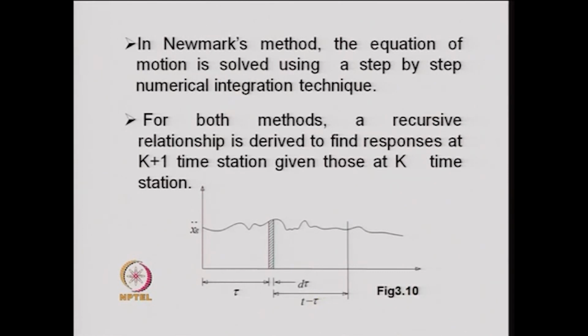Now, all of you know that producing an impulse on a single degree of freedom system is equivalent to imparting a velocity to the system. So, we can conceive the problem as a damped free oscillation with an initial condition of displacement and an initial condition of velocity.